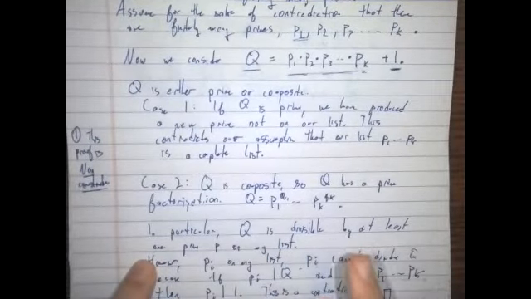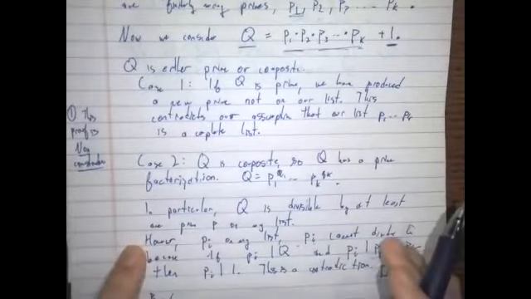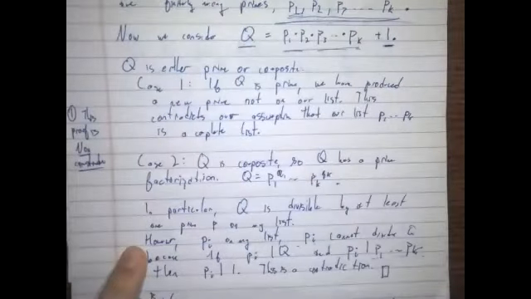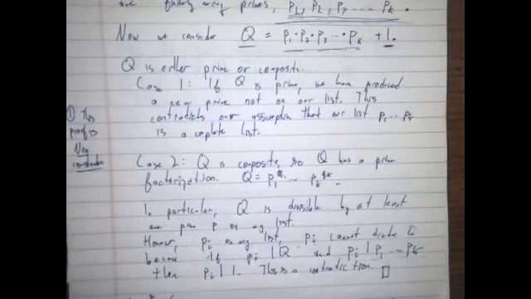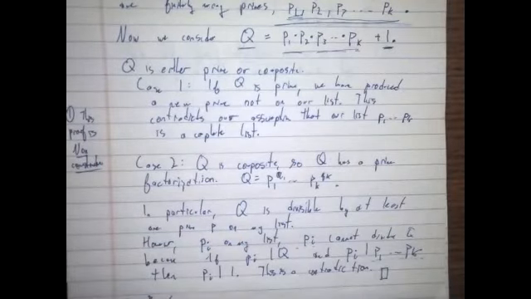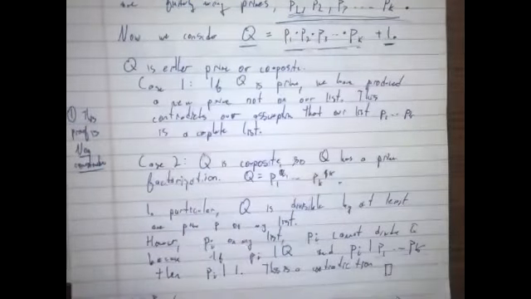Q having a prime factorization means that one of the primes in the universe must divide Q. But I'm also assuming that all of the primes in the universe are on this finite list from P1 to Pk. And I've specifically built a number Q whose whole reason of existence is that it is not divisible by any of these numbers on the list.